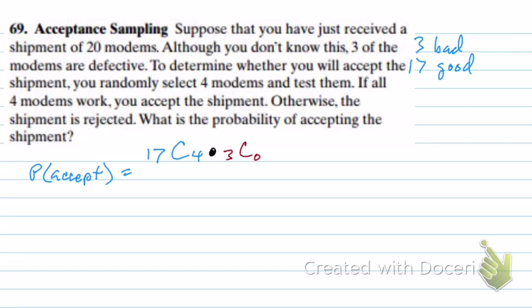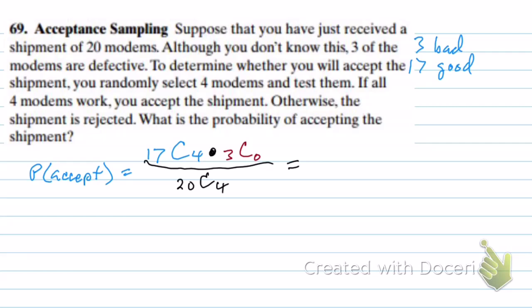So that's my numerator. What's my denominator? I'm choosing 4 out of the whole bunch. That's the total number of ways I could do it. So how many am I choosing from? 20. Combination 4.